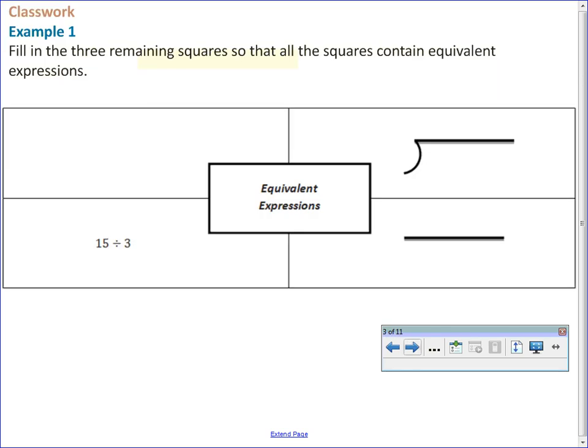On Friday, when we did Lesson 13, we looked at different ways to write the same division expression. So here, they're giving us 15 divided by 3. Well, if we wanted to write it as a fraction, it would be 15 as your numerator, 3 as your denominator. If you're going to write it in the house, 15 is your dividend, 3 is your divisor.